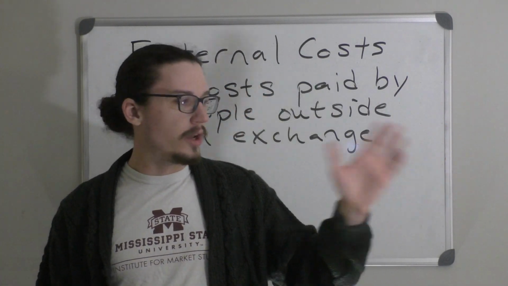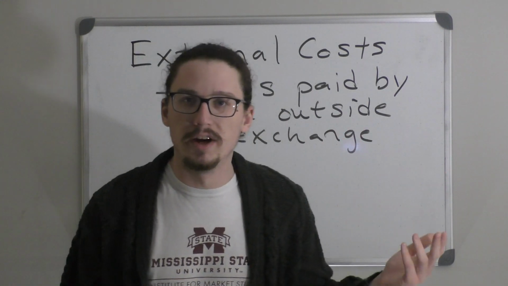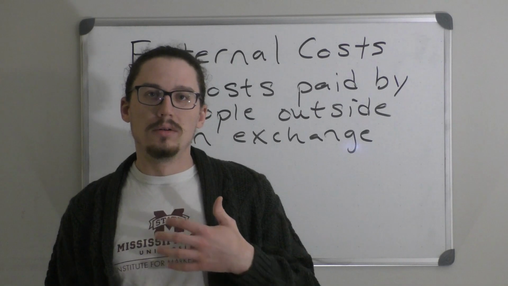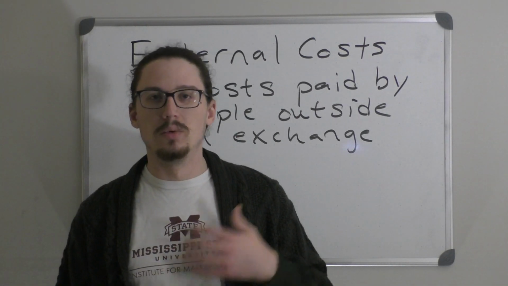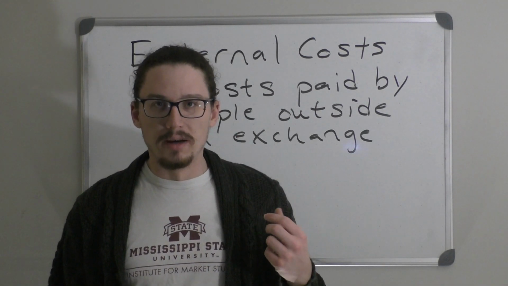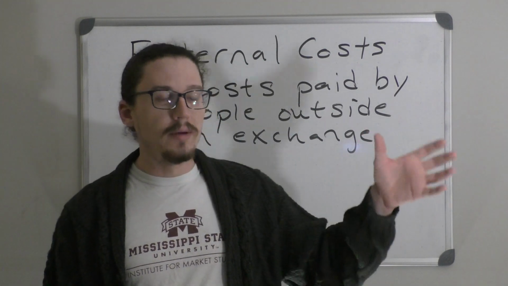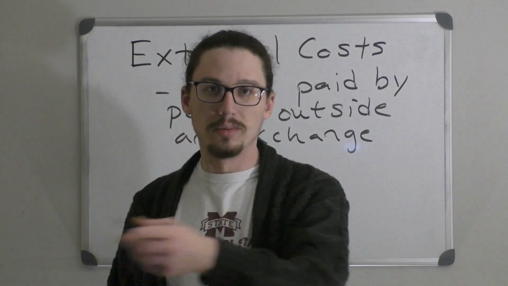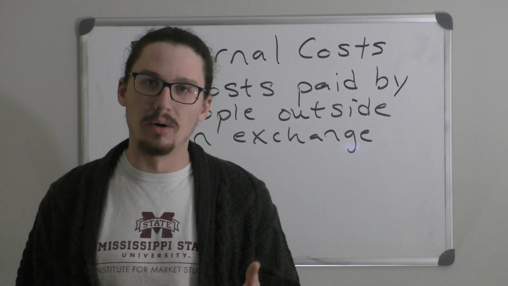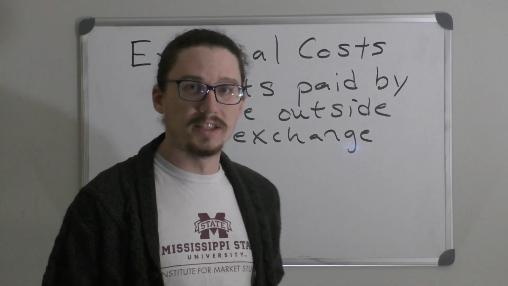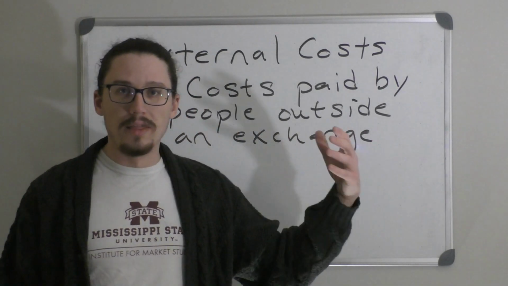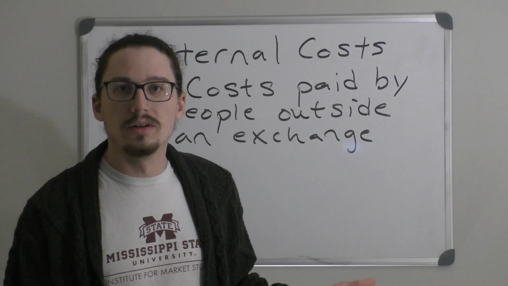If we are trading between the two of us, we are only going to take into account our private costs and benefits when making that exchange, even though there may be some costs associated with that transaction that are felt by people outside of our transaction. Those are the external costs.